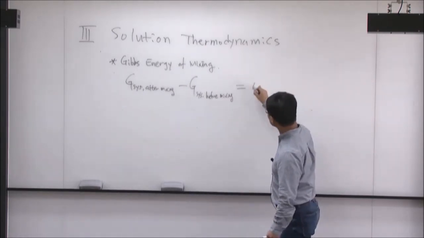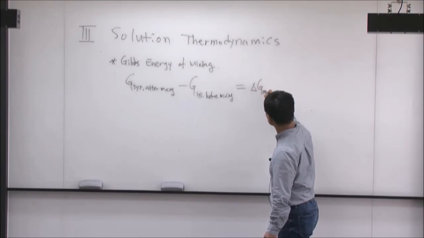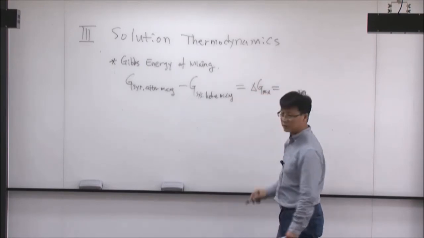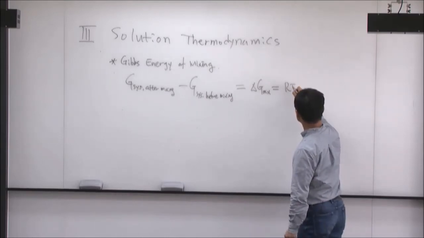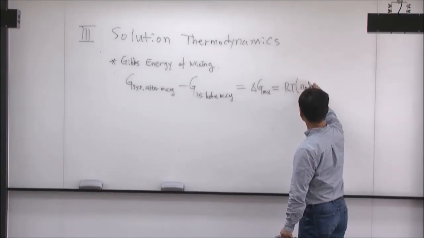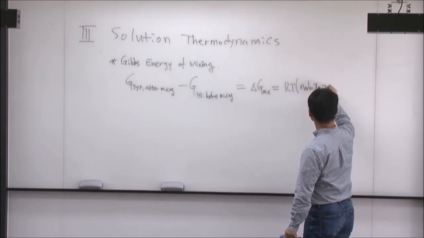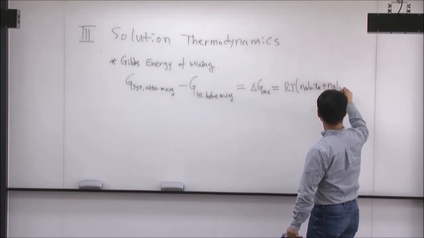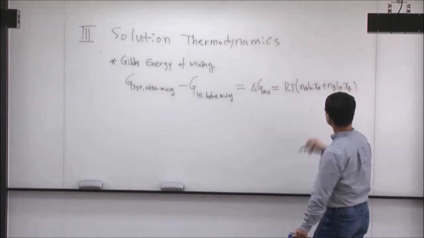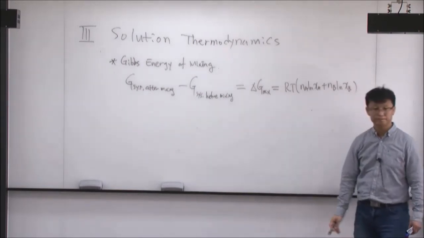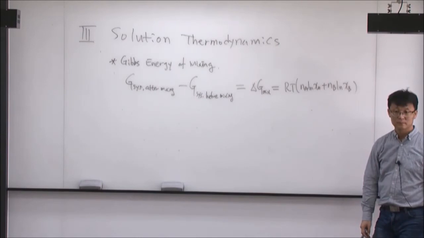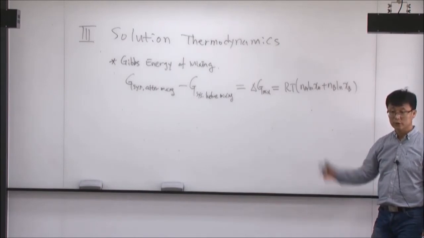We call it delta G of mixing, and this delta G of mixing is the same as RT times NA ln XA plus NB ln XB, because all the other terms are the same. Is it okay?